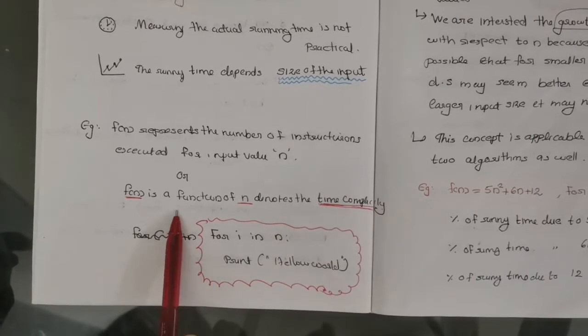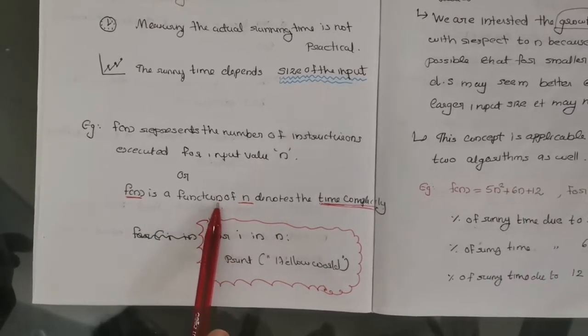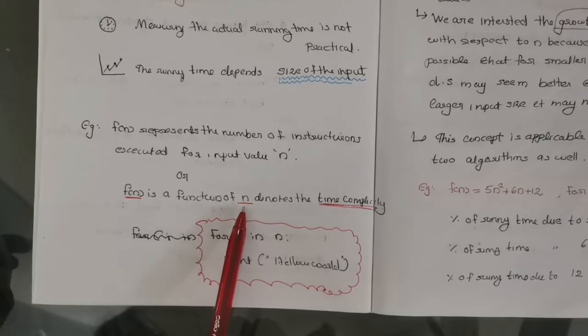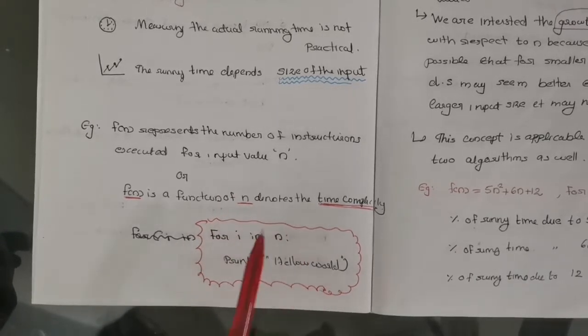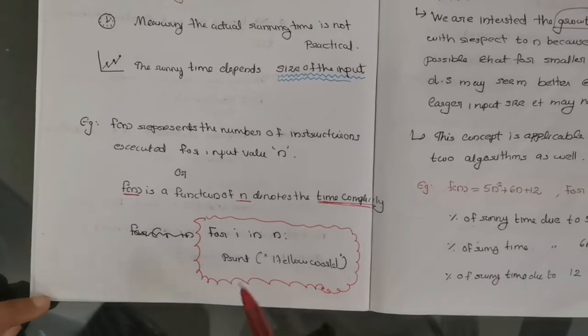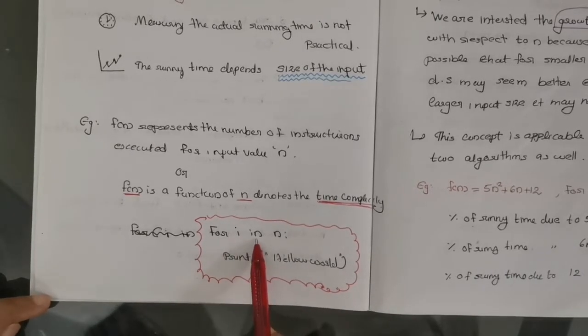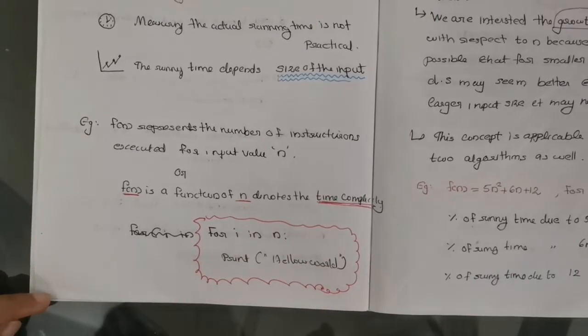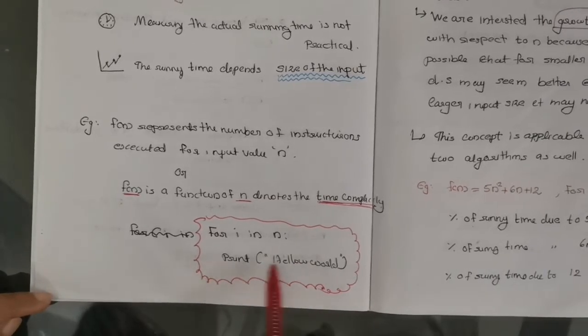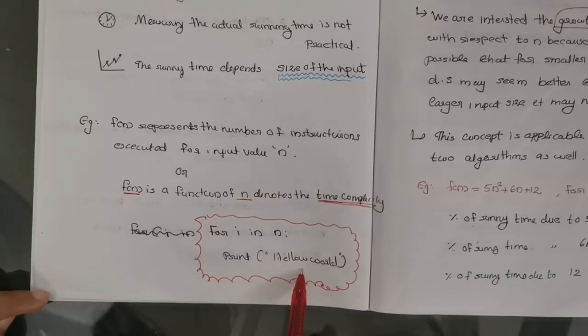That means the function f of n, how many times it executes, that much time it is consuming. Here you can see for i in n, for example n equal to 10, how many times will the print statement execute? 10 times, right?